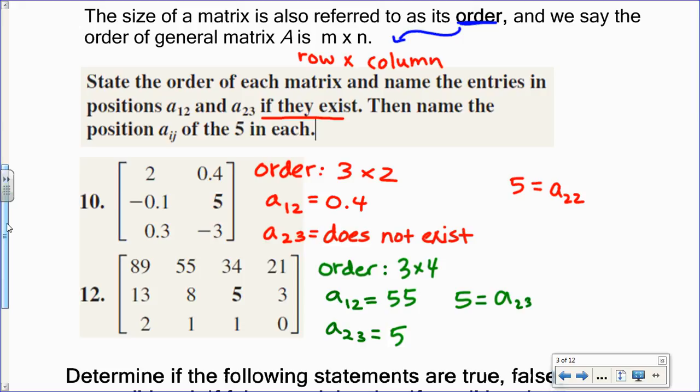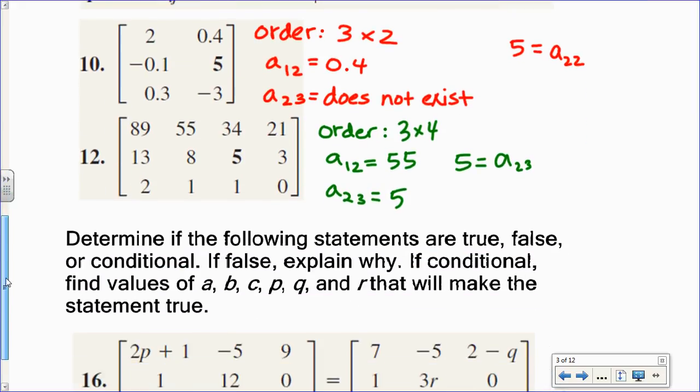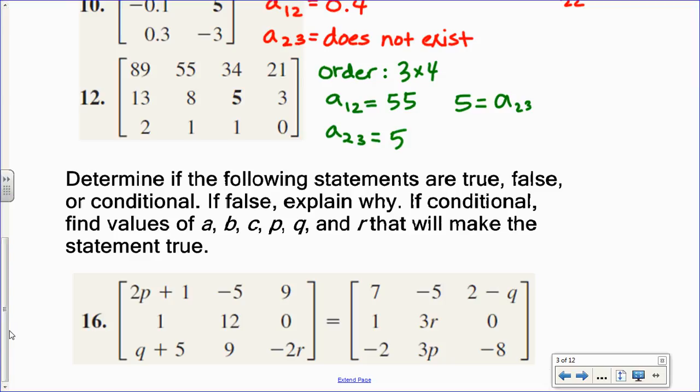Okay. So we're going to talk about equality of matrices here. It says, determine if the following statements are true, false, or conditional. If false, explain why. If conditional, find the values of the variables that will make the statement true. Conditional just means there are variables.